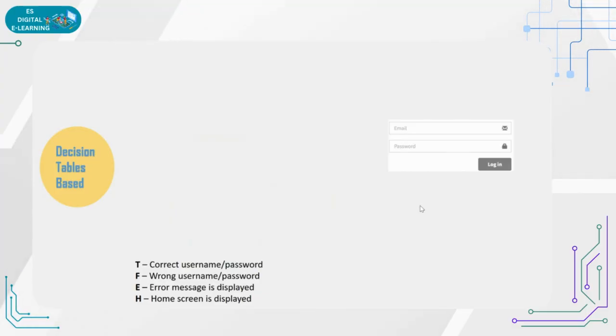If you forget the password, what will you do? There is a forgot password option. If there is no forgot password option, what will you do? You try to give some password, whichever you can remember, right? Whatever password you try, that is false.